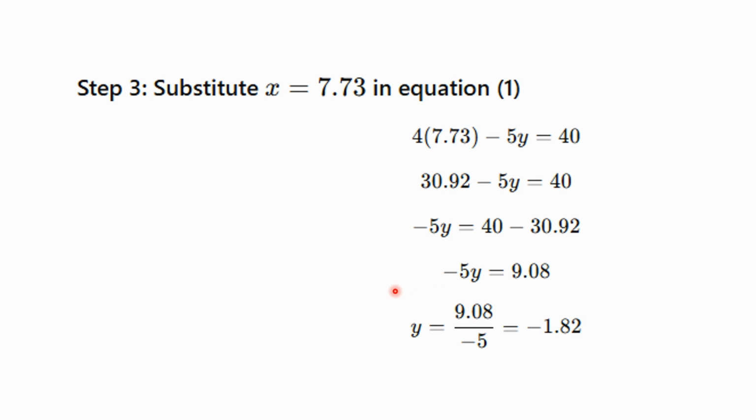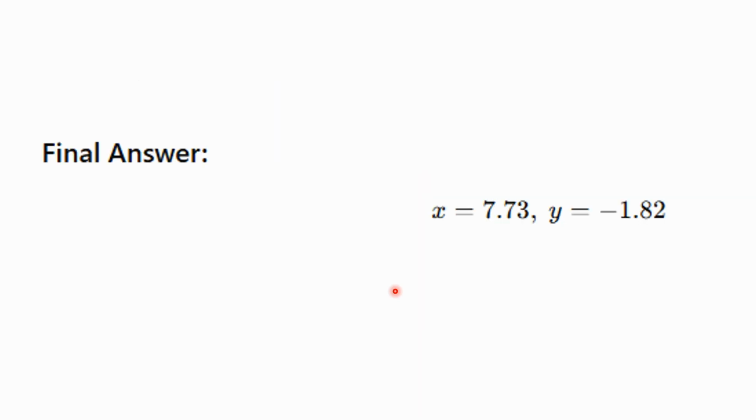If you can align coefficients like this by multiplying the equations, it allows you to quickly solve for one of the two variables. Again, your final answer: x equals 7.73, y equals minus 1.82.